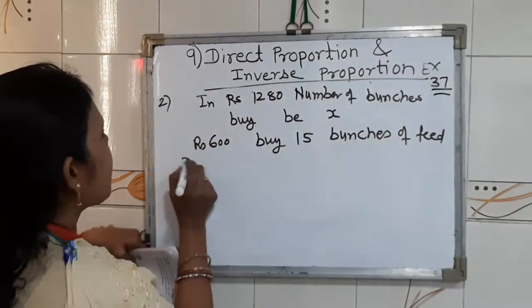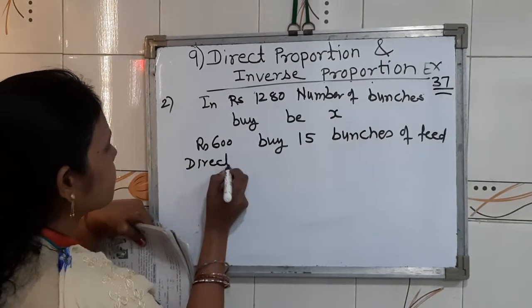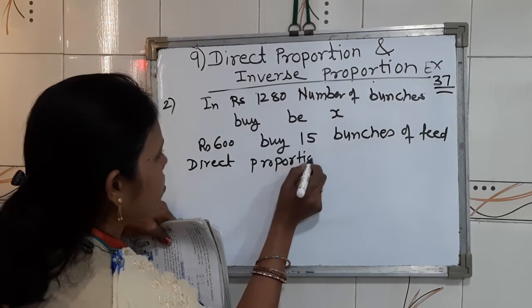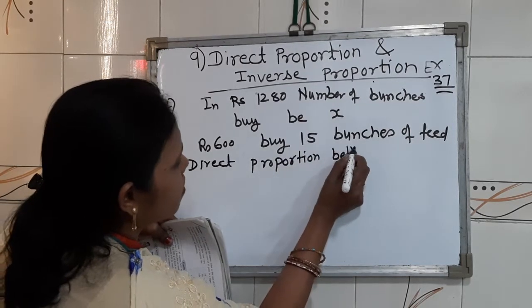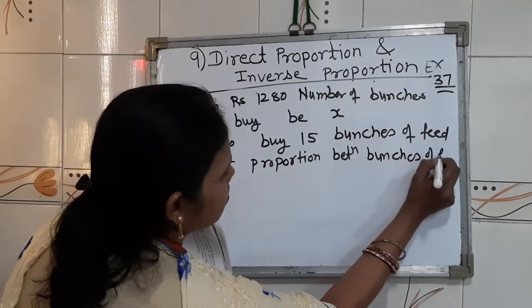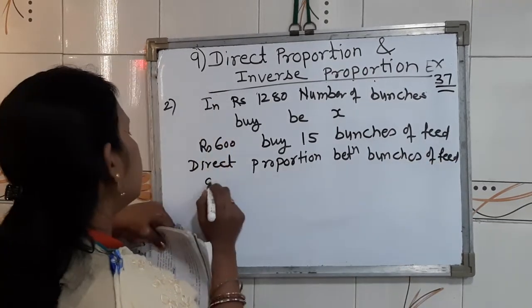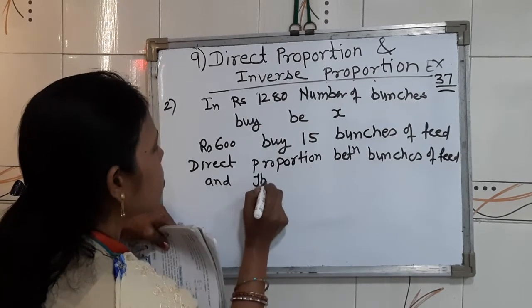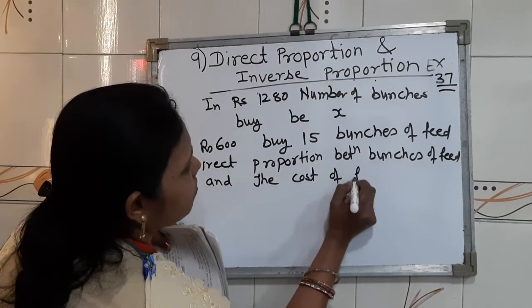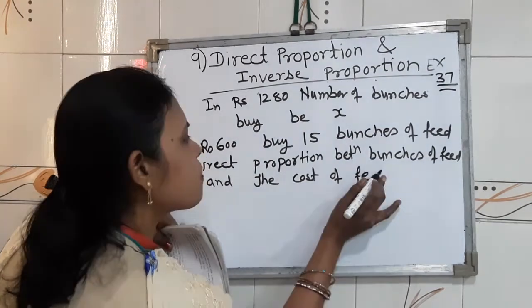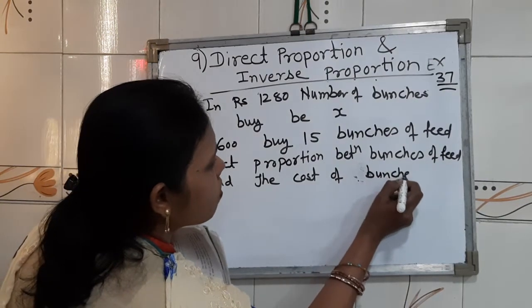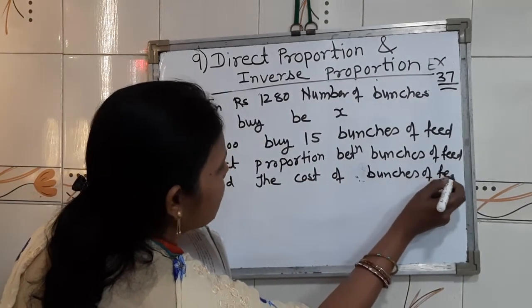Write down: direct proportion between bunches of feed and the cost of feed, or the cost of bunches, you can also write.